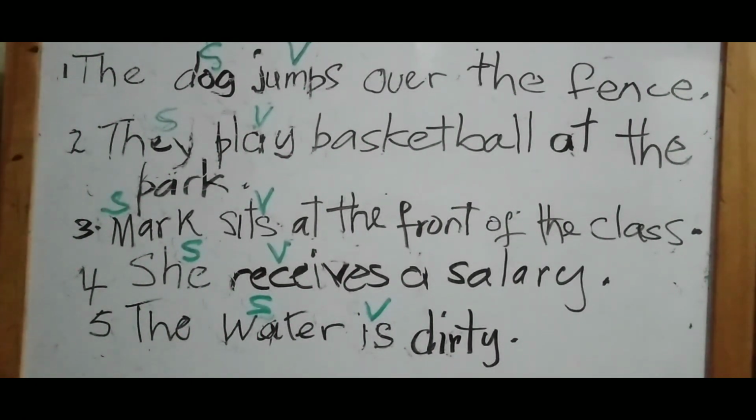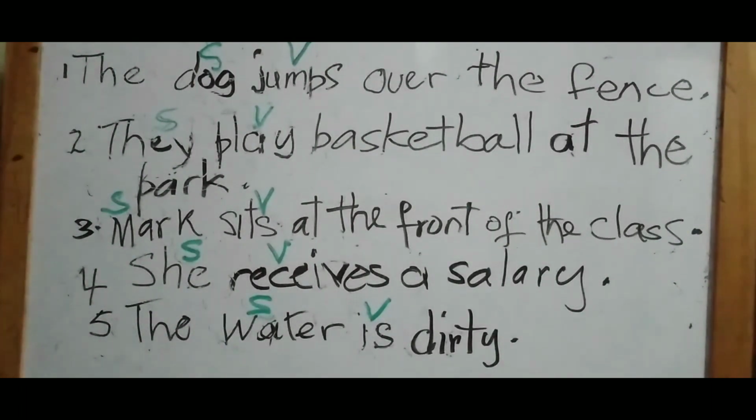Now, another thing to point out here is what we call a helping verb or an auxiliary verb. These verbs usually come before a main verb. So for example, you have the boy is walking. The main verb there would be walking, and is would be the helper.